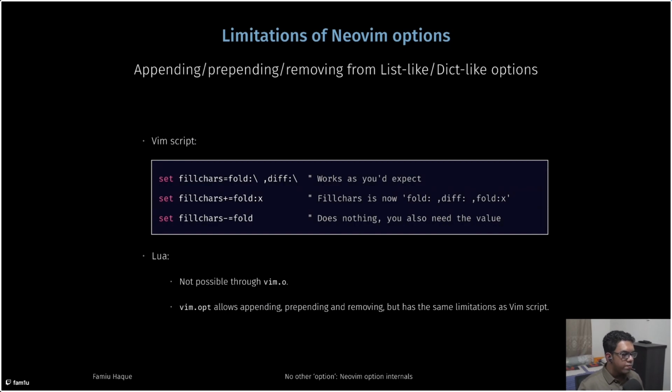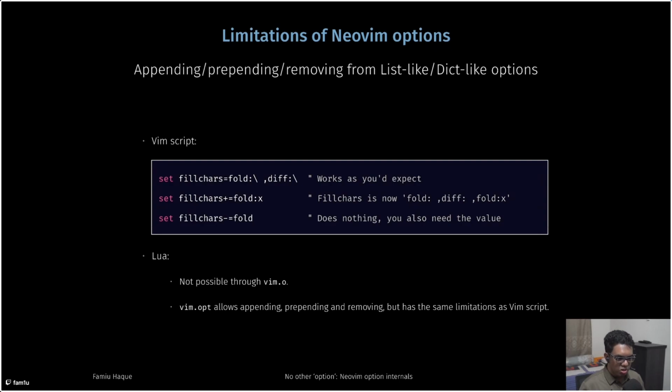In Lua, you can't even append, prepend, or remove using vim.o. You just can't. You always have to set the value directly. That used to be the case until TJ. Shout out to him, by the way, he did great. He introduced vim.opt, which allows appending, prepending, and removing from list-like or dict-like options.